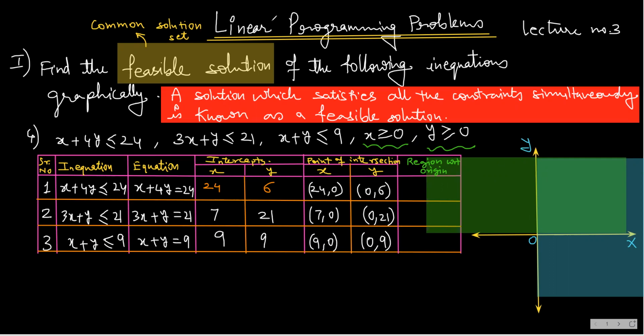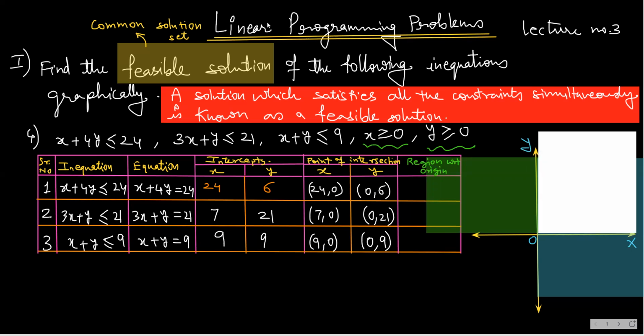You must understand that x and y both will be greater than 0 in this region only. That is the first quadrant. Everything will come in the first quadrant. See, in the second quadrant, y is greater than 0, but x is not greater than 0. So in the second quadrant, only one of these is being satisfied.